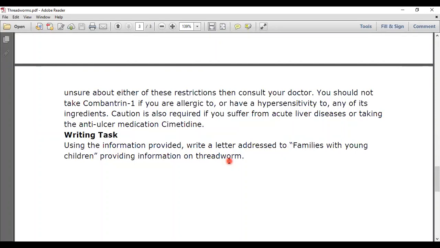But here we are not prescribing medication to anyone. Here we are just giving them information about threadworm. That's the purpose. So we'll not be elaborating much on the medication part in this type of letter. Now let me share with you the model answer, so you'll be able to understand the format of such letters.